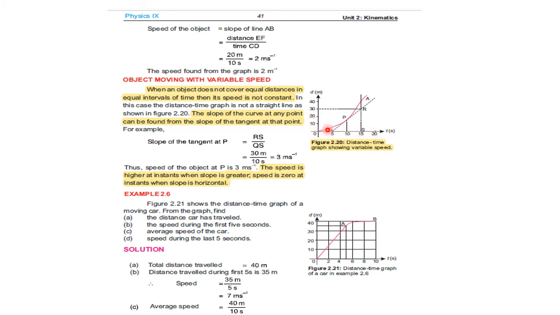So the vertical change is 0, so the slope will also be 0, because slope is vertical change divided by horizontal change. So now you have got the point that the speed is higher at instants when the slope is greater, and the speed is 0 at instants when the slope is horizontal.